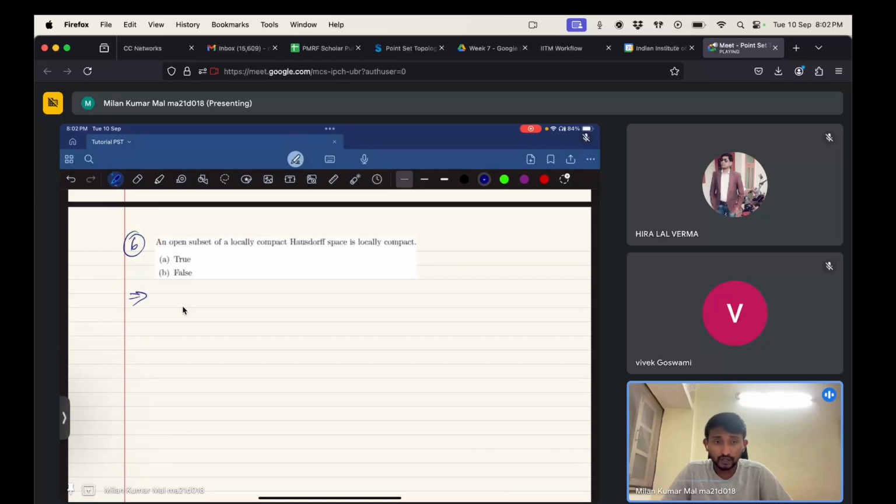So there is also one more characterization of local compactness for Hausdorff spaces.